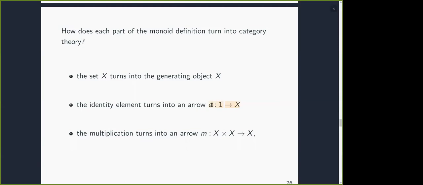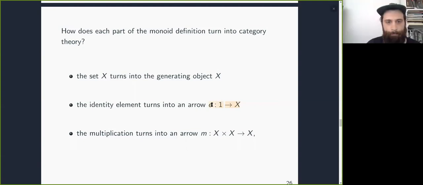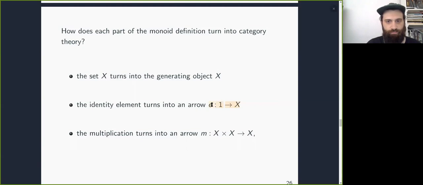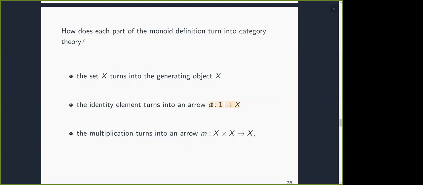But I guess what I'm trying to say is that categories have objects and arrows, right? Yeah. So our category has several objects: x to the 0, x to the 1, x squared, x cubed. Is that correct? Yes. So the identity element, is it x to the 0, or is it an arrow that goes from x to the 0 to some different x? That's what I'm stuck on.